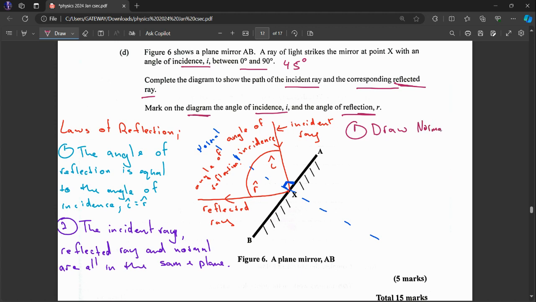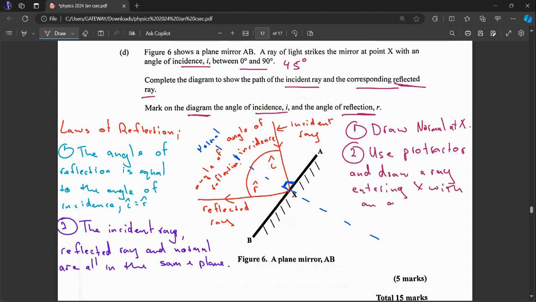So first is to draw the normal at X. The second one is to use a protractor and draw a ray entering, which you call your incident ray, at X, with an angle between 0 and 90 degrees.